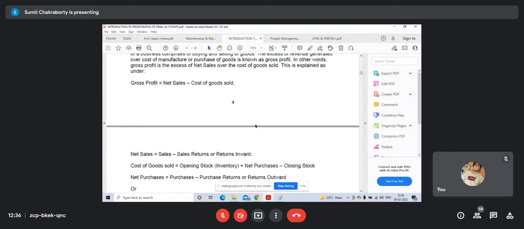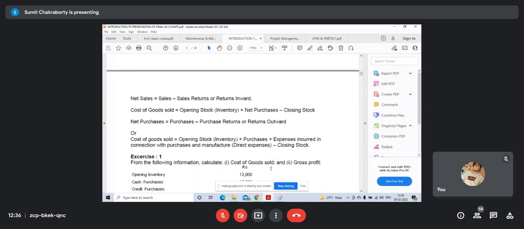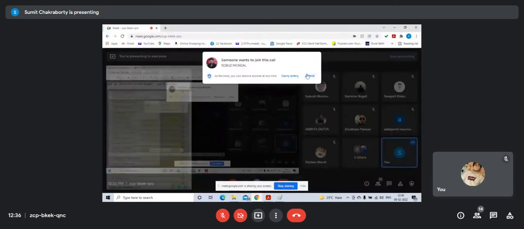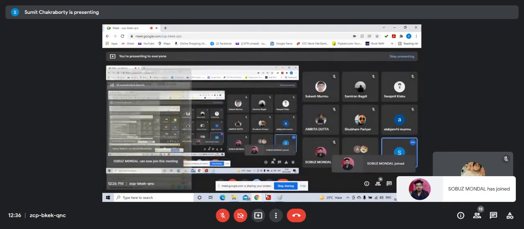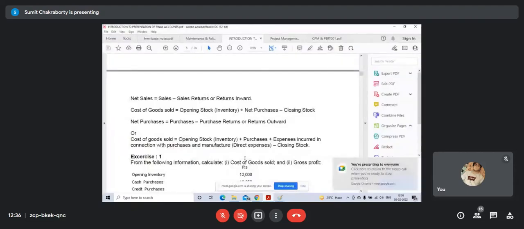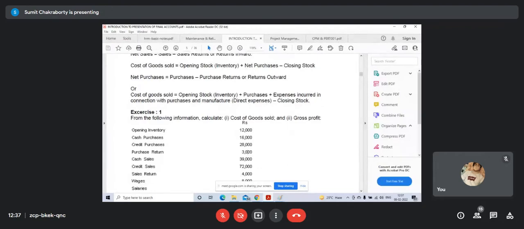What is net sales? Net sales is equal to sales minus sales returns, or sales returns inward. Cost of goods sold is opening stock, that is opening inventory, plus net purchase, minus closing stock. Net purchase is purchase minus purchase returns, or returns outwards.